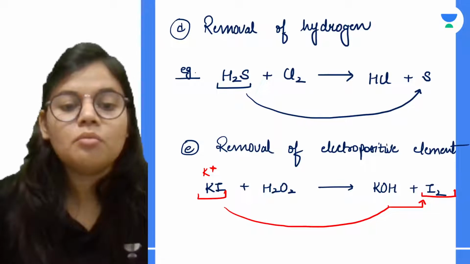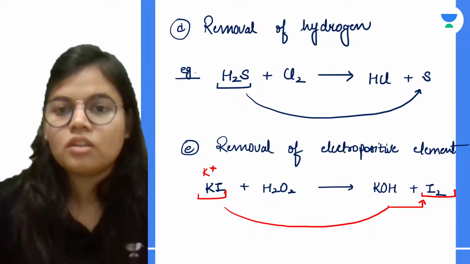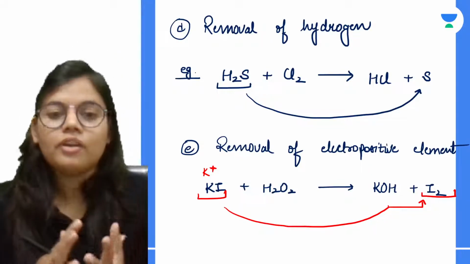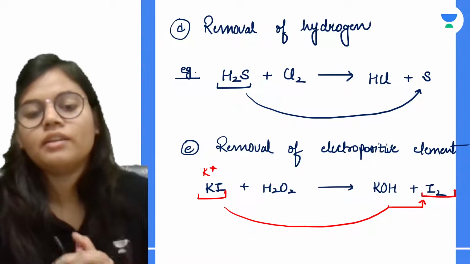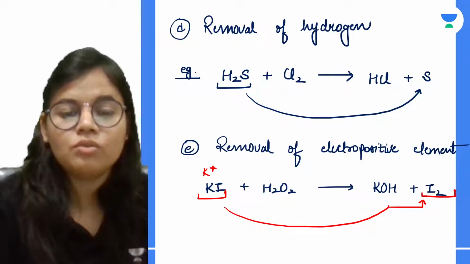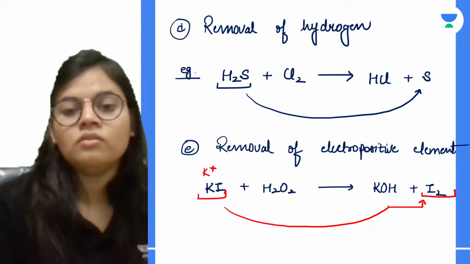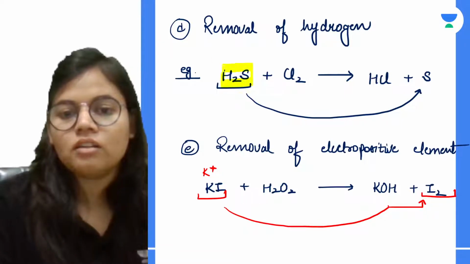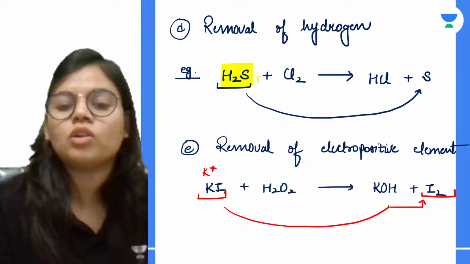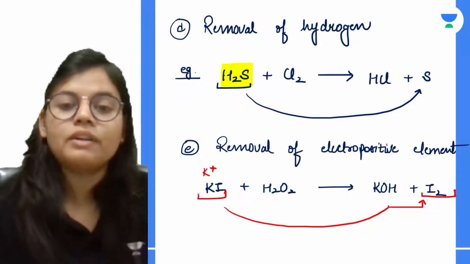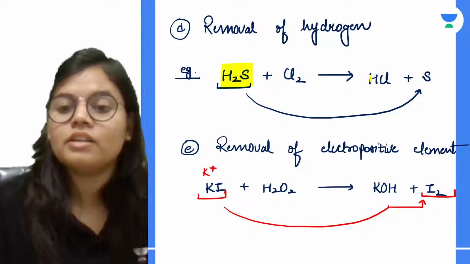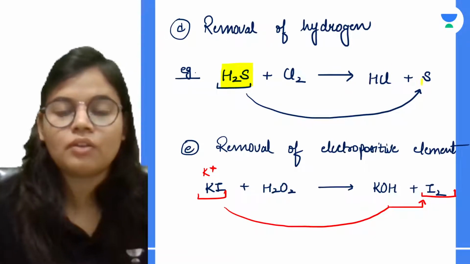Next is removal of hydrogen. So whenever the hydrogen is getting removed, then also oxidation is said to take place. How? This is our hydrogen sulfide reacting with chlorine, and what product does it give? It gives hydrogen chloride plus sulfur.